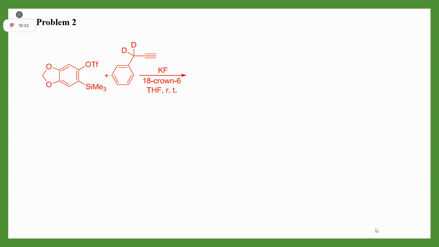KF is your fluoride source, which is going to desilylate this starting material. 18-crown-6 is your phase transfer catalyst because these are your organic compounds and KF is your inorganic reagent. So in order to ensure the solubility, they have used 18-crown-6. They are also referred to as phase transfer catalysts. THF is your solvent, tetrahydrofuran. RT temperature. Now tell me, what is your first step in this reaction?